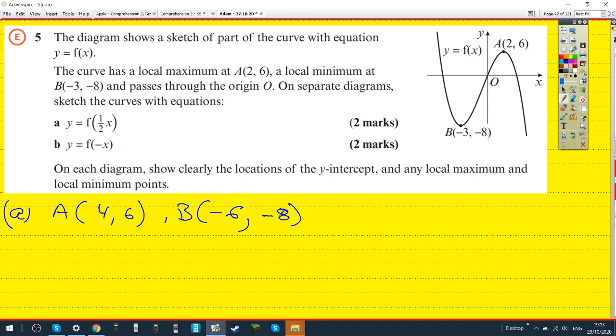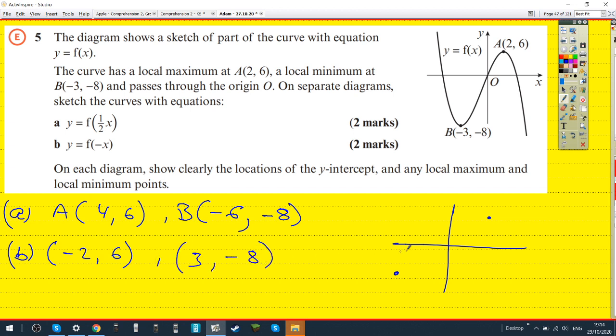And how about B? So for A it would be -2, 6, and for B it would be 3 and then 8, and then 3, -8. So this other one went like that.